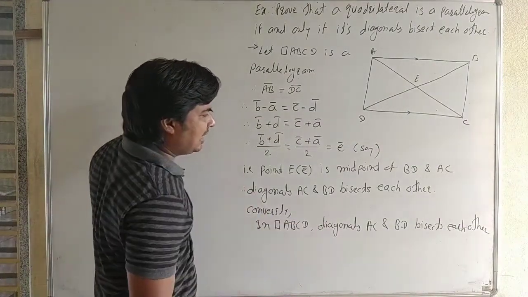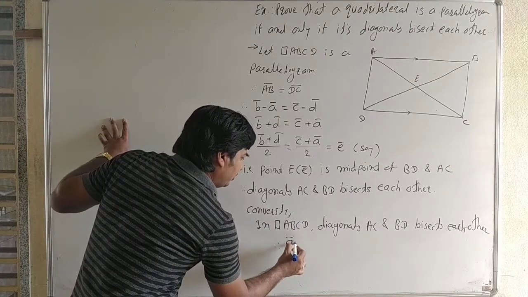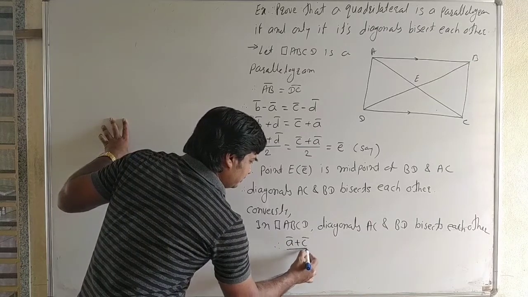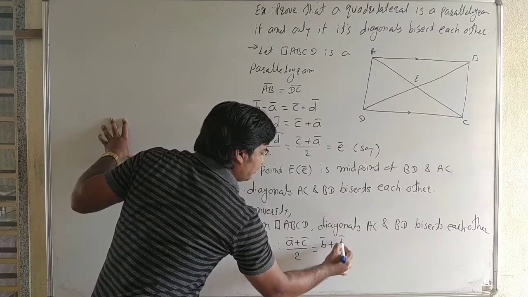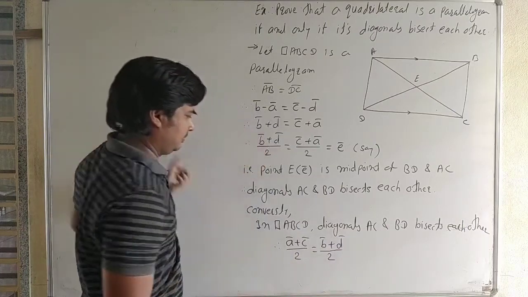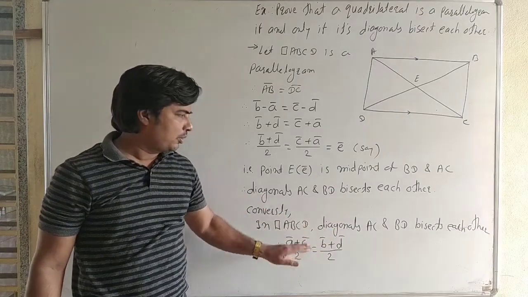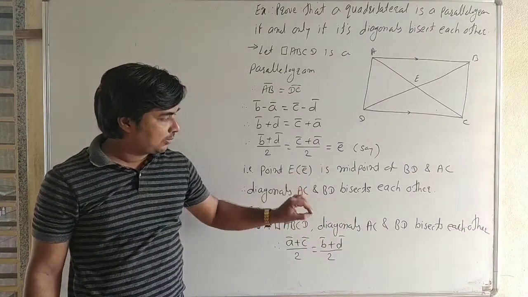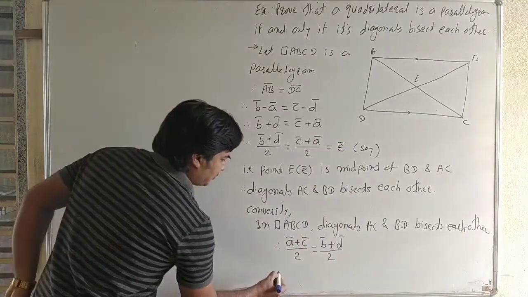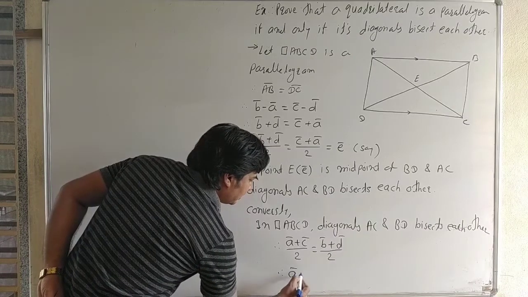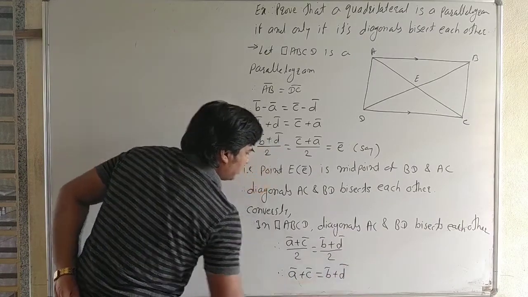Here diagonal AC and diagonal BD bisect each other, therefore the midpoint of diagonal AC and the midpoint of diagonal BD are the same. Because they bisect each other, therefore we can write A bar plus C bar is equal to B bar plus D bar.